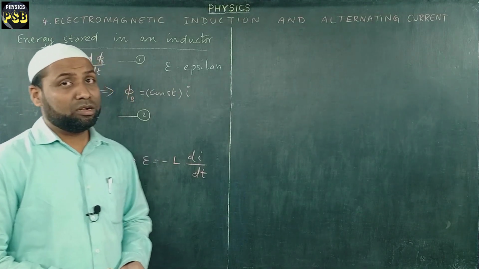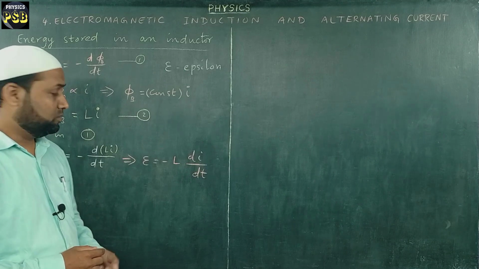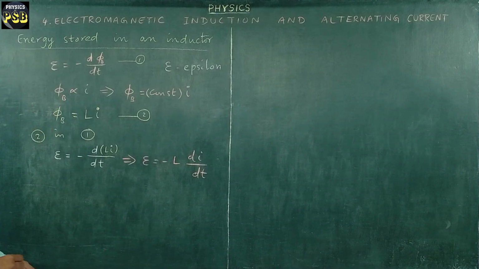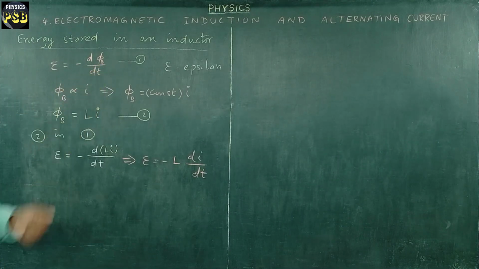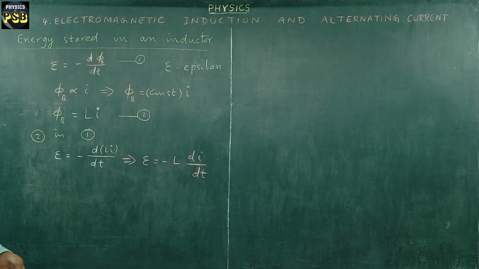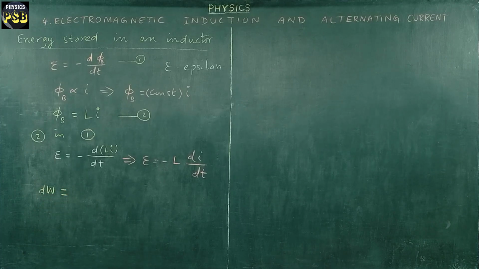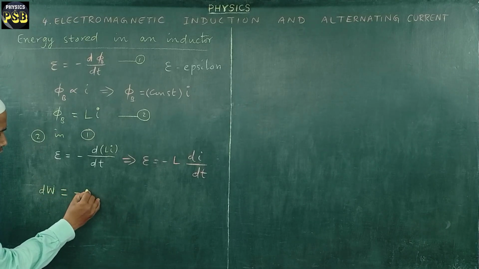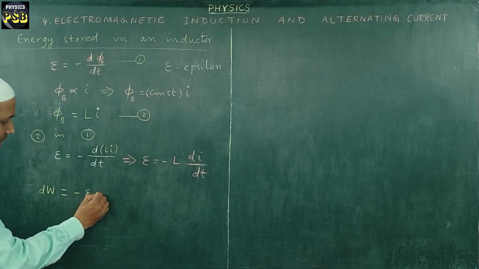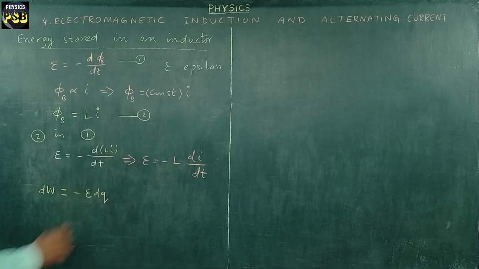Next, there is opposition to the flow of current in the inductor. To overcome that, some work has to be done. The work done by us to establish current in the coil is taken as dW, and it is found to be equal to the product of EMF and the charge dq.